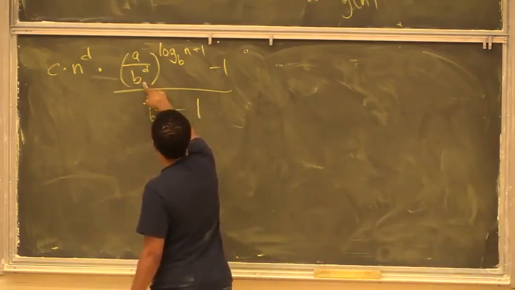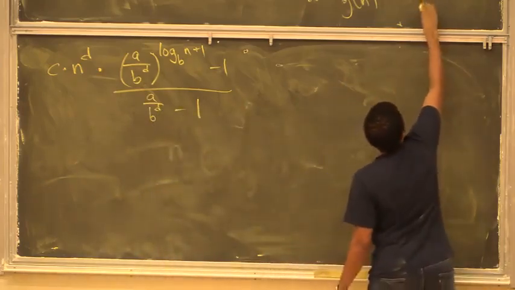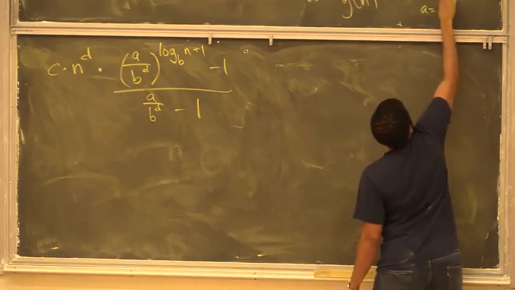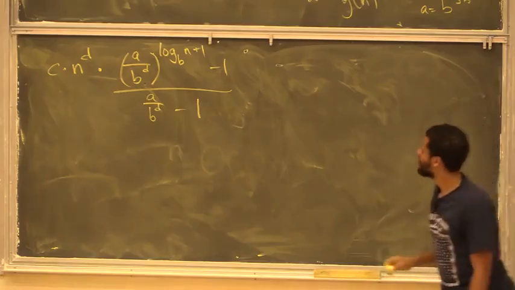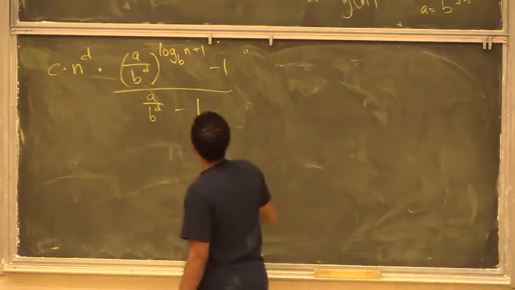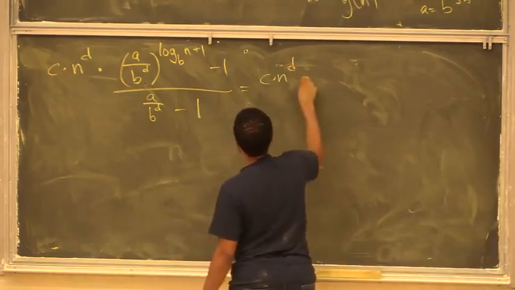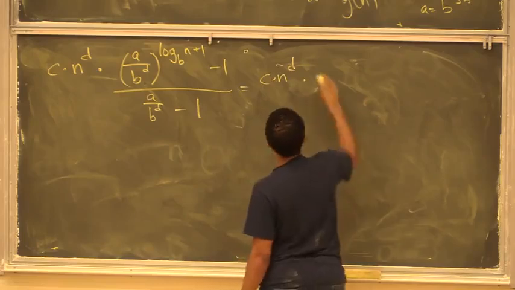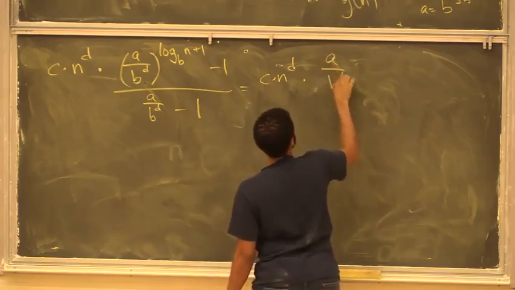Now, again, I like this trick of a is equal to b to the log base b of a. So this is equal to c times n to the d times, I have a plus 1 here, so that gives me a factor of a over b to the d.